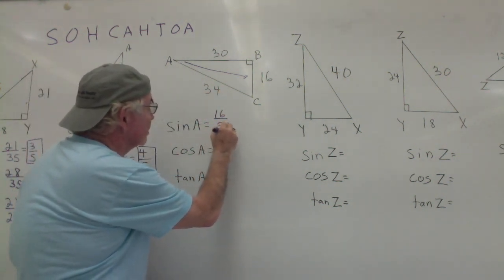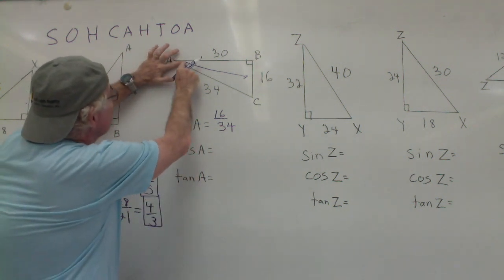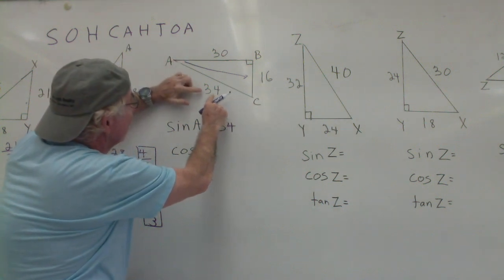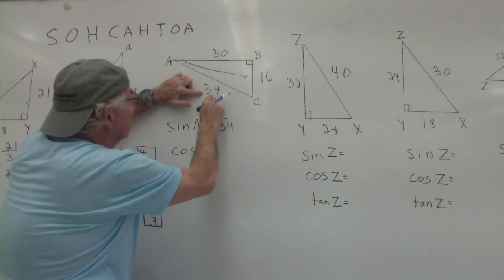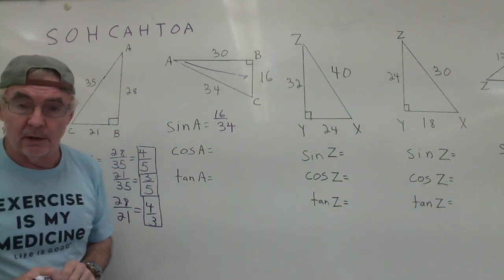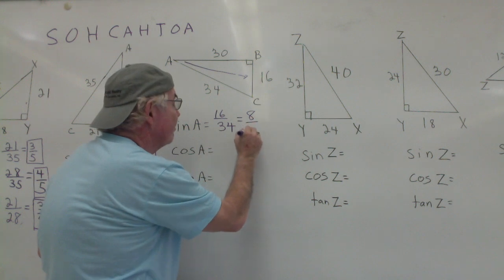So let's do that again. The sine is the opposite, 16, over the hypotenuse of 34. And dividing by 2 gives us 8 over 17.